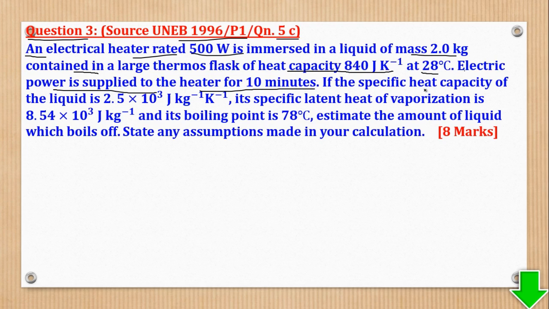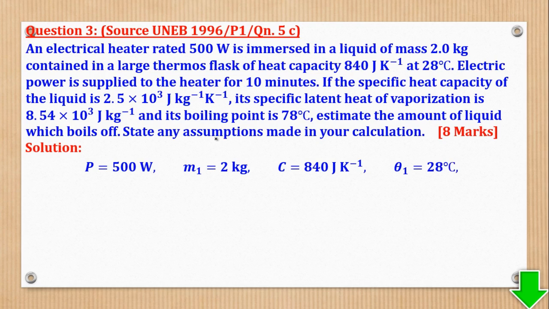If the specific heat capacity of the liquid is this, its specific latent heat of vaporization is this, and its boiling point is this, estimate the amount of liquid which boils off. Then state an assumption made in your calculation. So still even here, they want the amount of liquid which boils off.